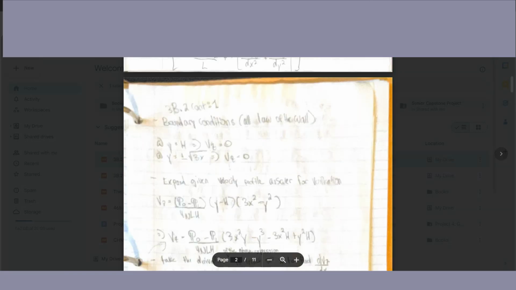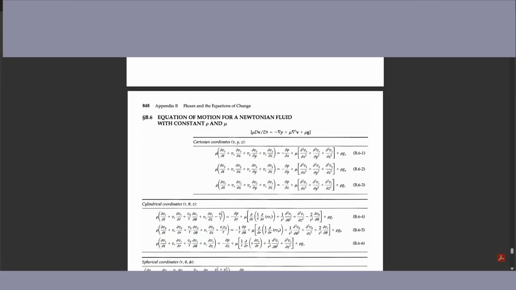So yeah, this equation is from the answer that it gives us.